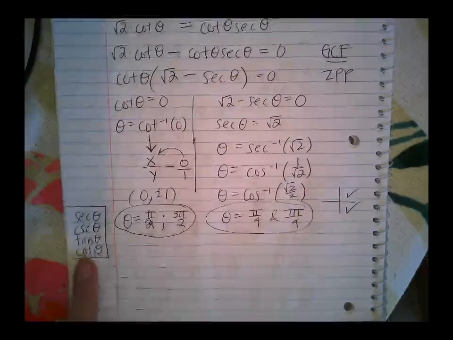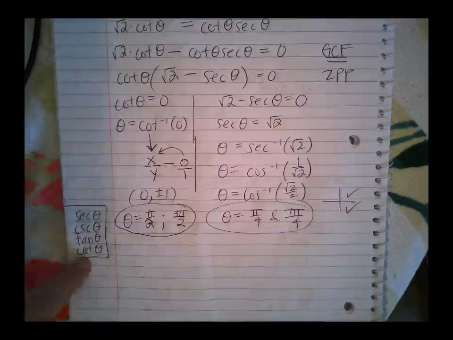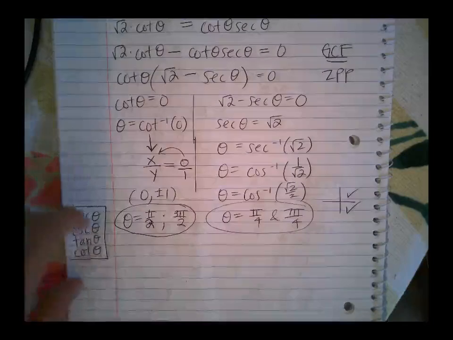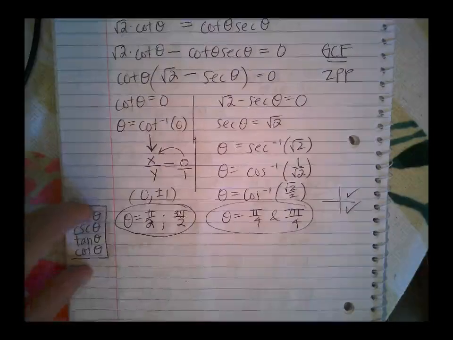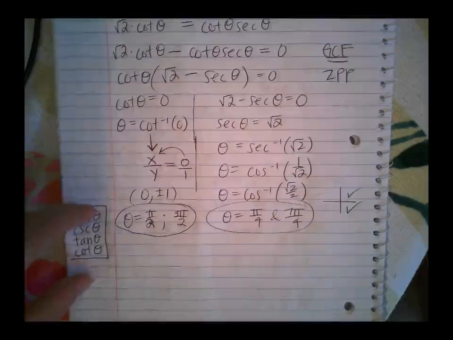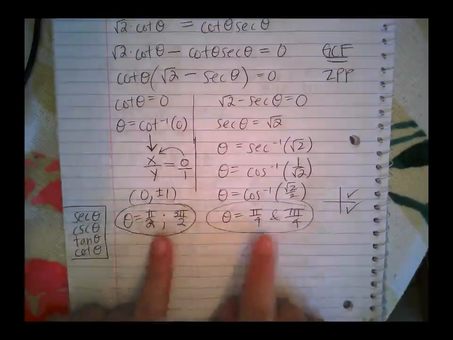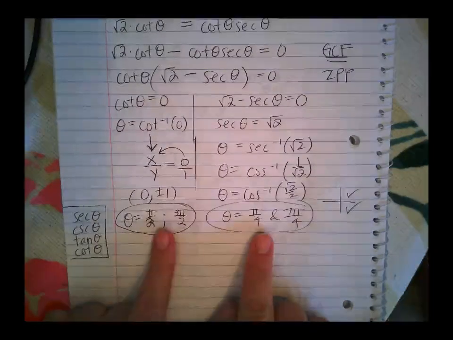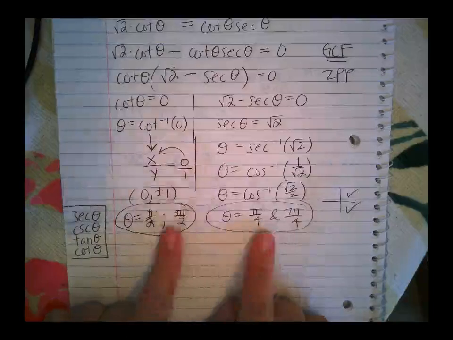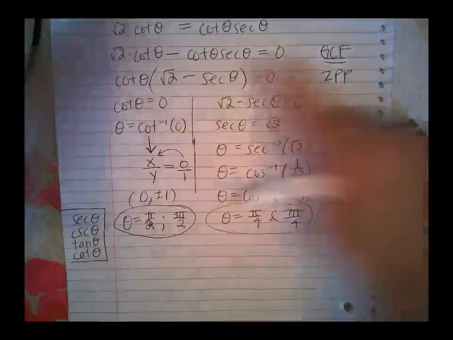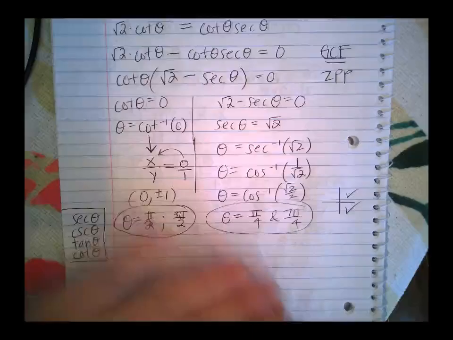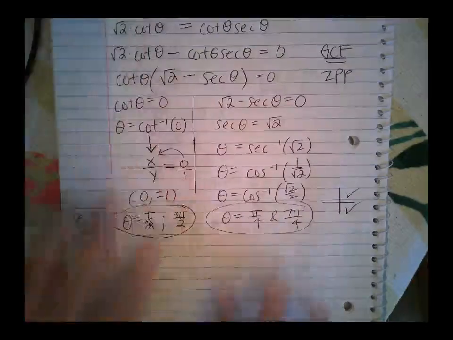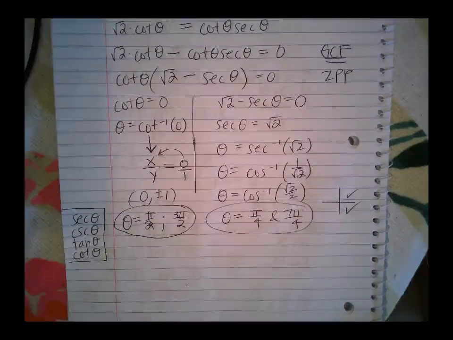And they only happen for secant, cosecant, tangent, and cotangent. So there are some angles that make these functions undefined. And if we include them in our answer set, and they happen to make one of the functions undefined, it means the angle's illegal and it's not allowed to be part of the solution set.